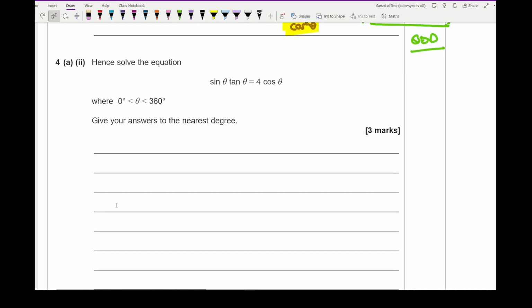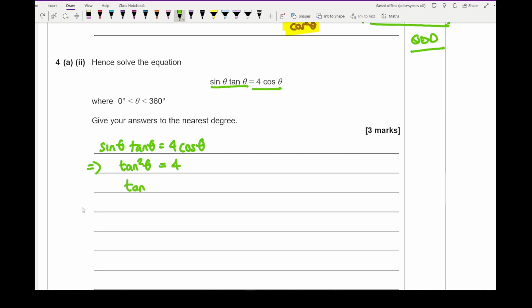Moving on to question 4A2, it says hence solve the equation sine theta tan theta equals 4 cos theta, where theta is between 0 and 360, exclusive of those numbers. So what I can note is I can rewrite this, sine theta tan theta equals 4 cos theta, as tan squared theta equals 4.